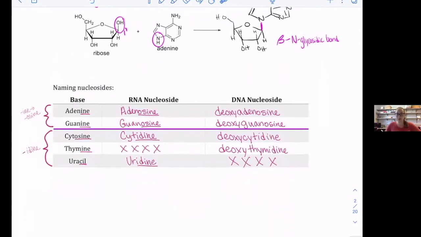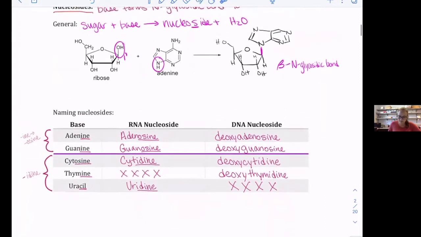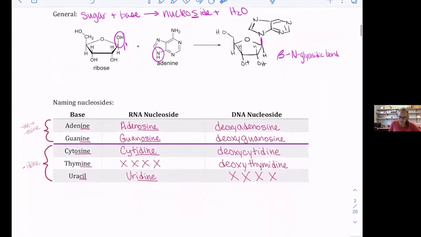But to talk about the nucleoside you have incorporated, in these first two you'll switch INE to OSINE. So instead of adenine, it would be adenosine. Guanine would be guanosine. And then for cytosine, thymine, and uracil, you change the ending to IDINE.